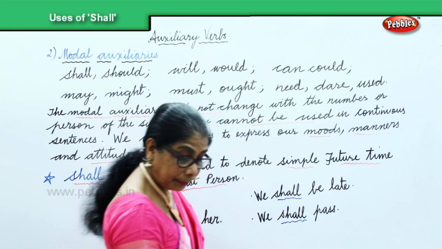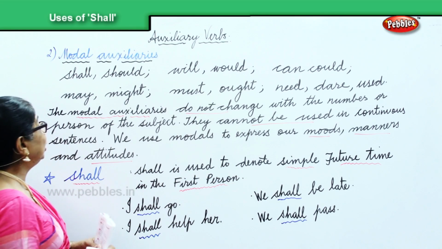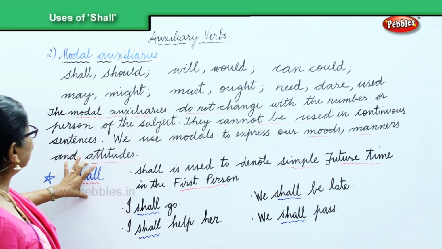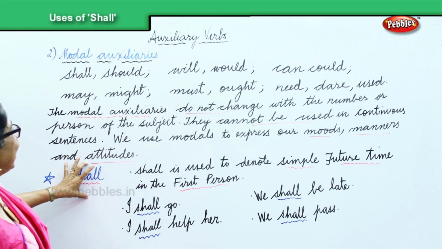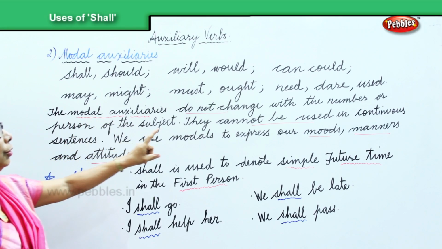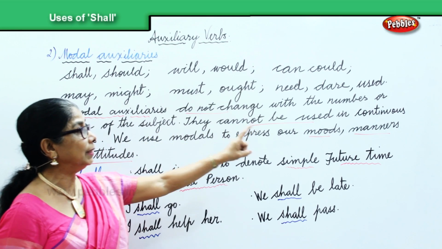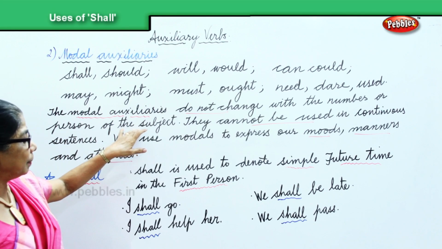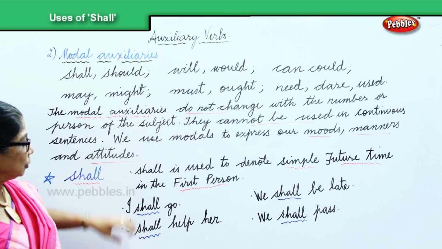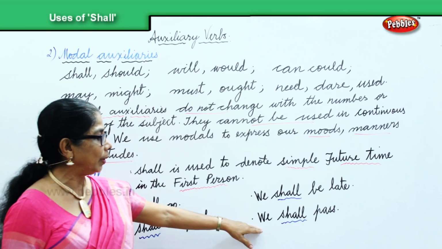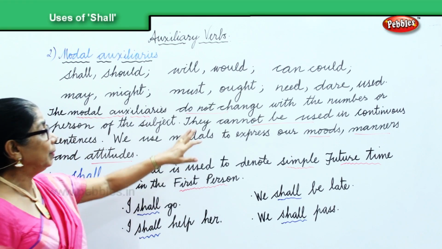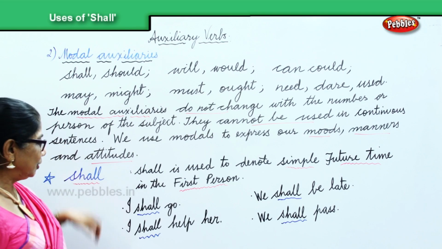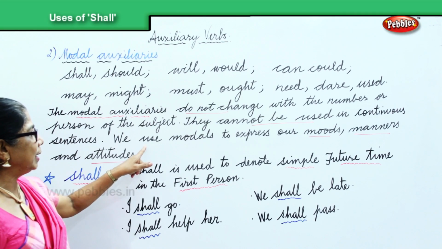We are looking at the modal auxiliaries. We are looking at only the single verb shall. And the modal auxiliaries do not change with the number or person of the subject. Okay, so here it is I, here it is we, one, many. They cannot be used in continuous sentences. Shall is not used in continuous sentences.